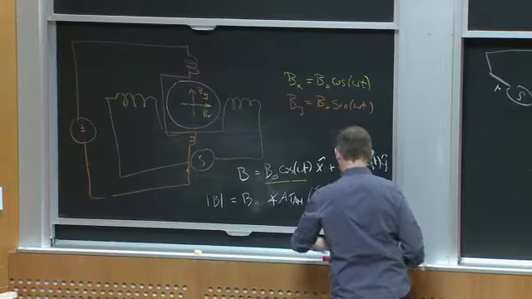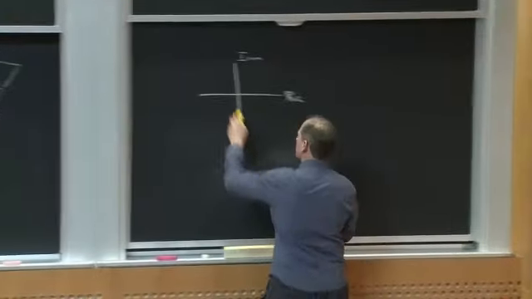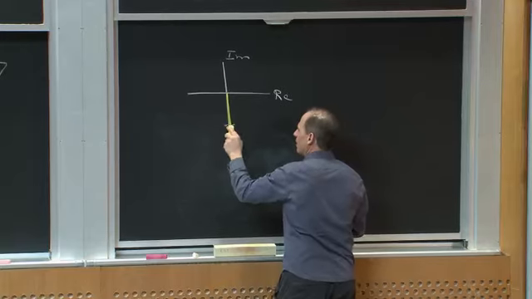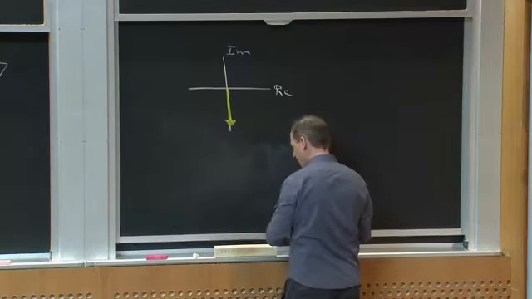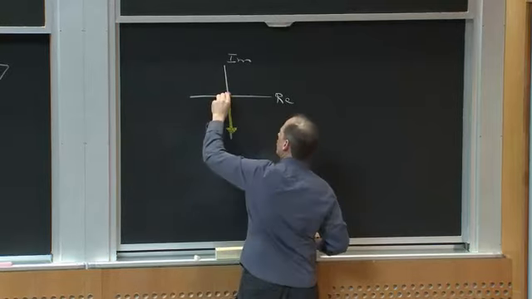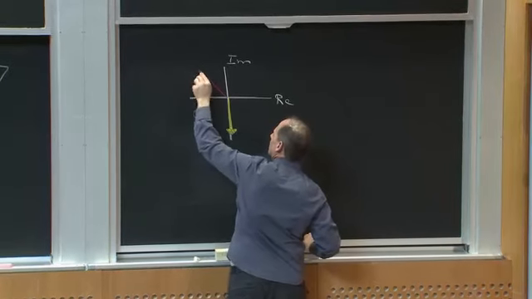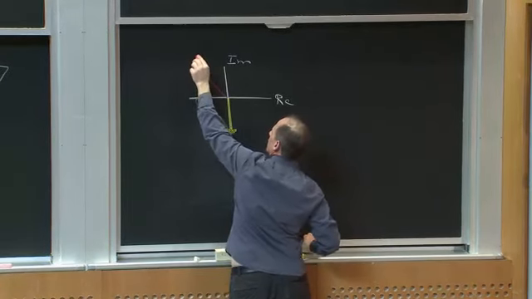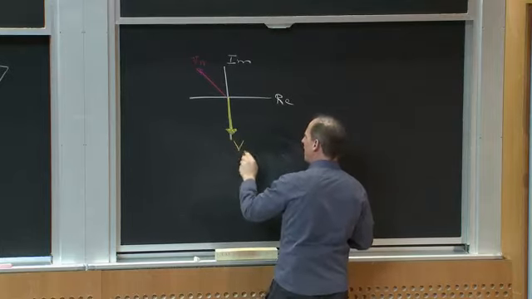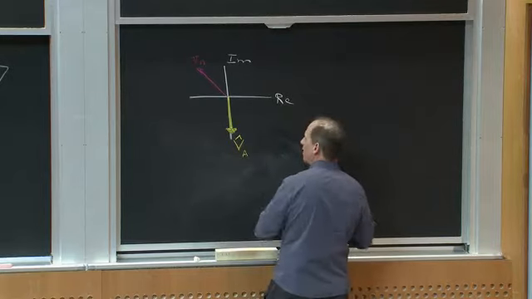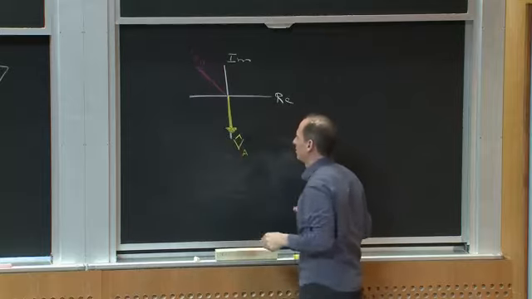Here's VA, with a phase of minus 90 degrees and a magnitude of VS. And here's VB. It also has a magnitude of VS. Be careful: this is VA hat, my phasor for VA, and this is VB hat.